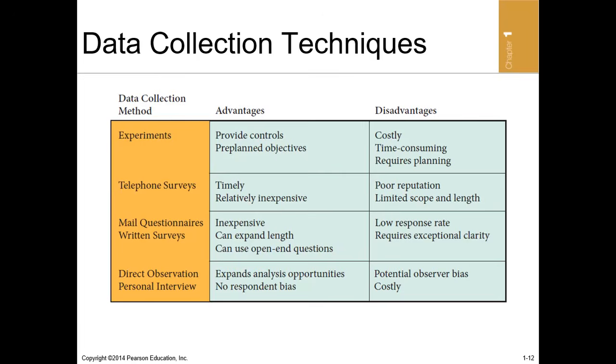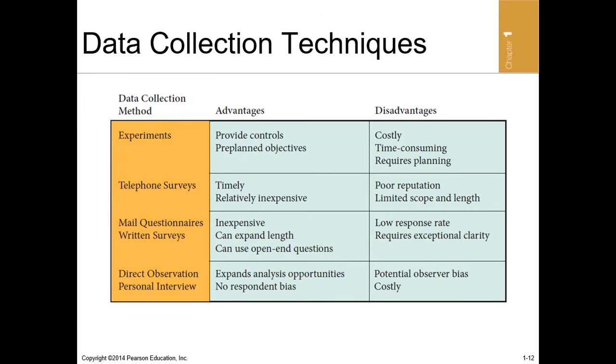It's not like an interview where it is live. They may leave empty spaces or they may not even respond. Then it requires exceptional clarity because you are not there to explain the questionnaire to the person. So it requires so much work to make your questionnaire have a certain level of clarity.